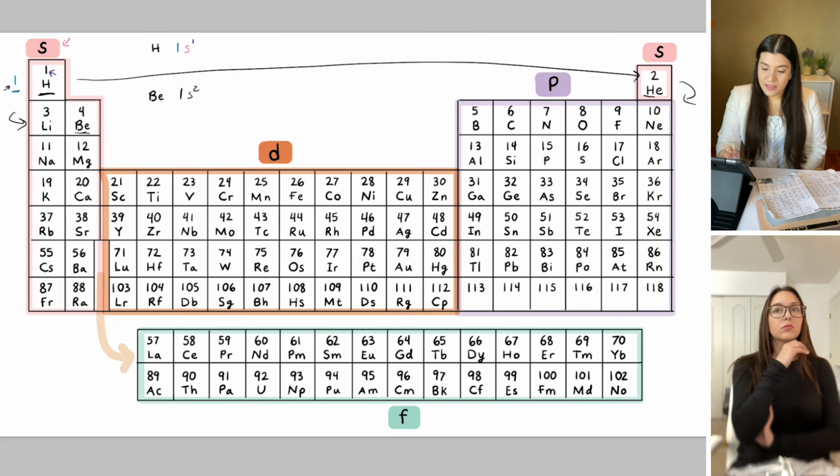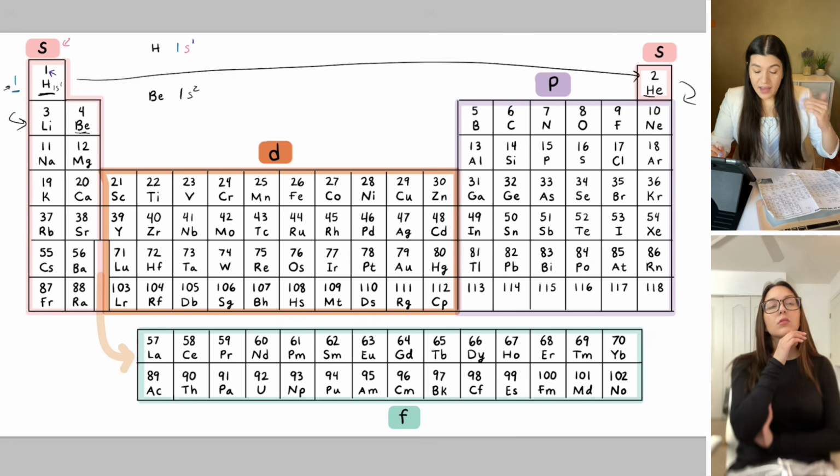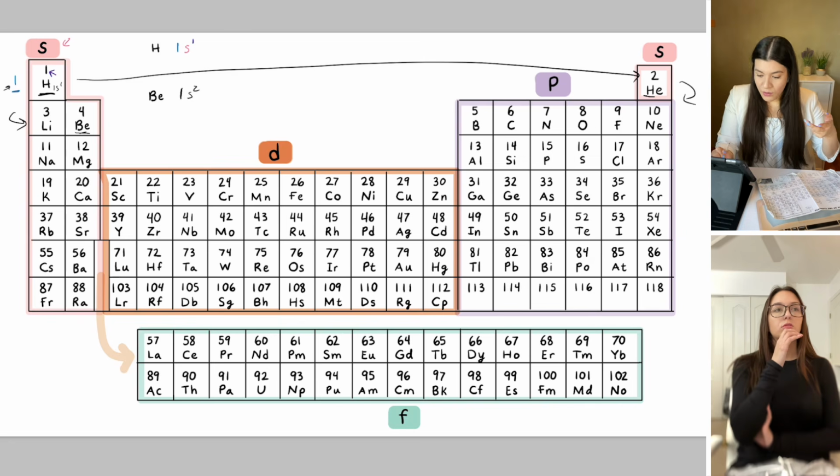Because this is 1s1 and this is another electron in the same row and in the same orbital or sublevel, then I know that this is going to be a 2. So it's accounting for that, because this is 1s1, this is 1s2.